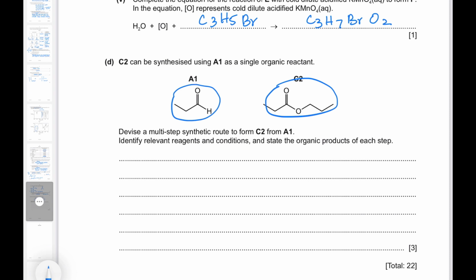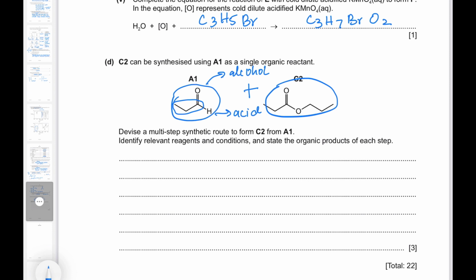So you form an ester by reacting a carboxylic acid with an alcohol, which means you need to convert A1 into an alcohol as well as an acid, and then react both of them to form C2. And as you can see, you've got 3 carbon atoms in A1 and 6 carbon atoms in C2, which is also an indicator that you use the same reagent to form both alcohol and acid.